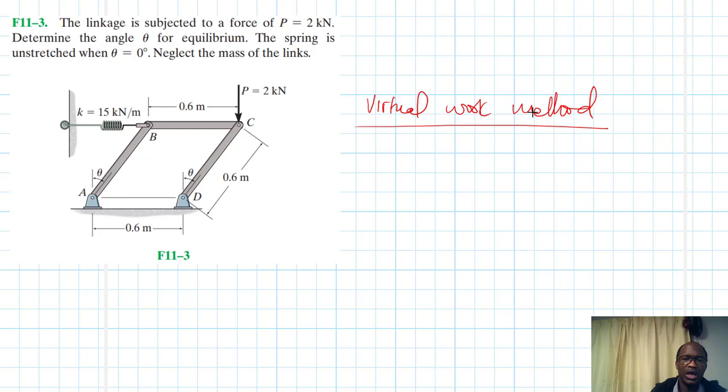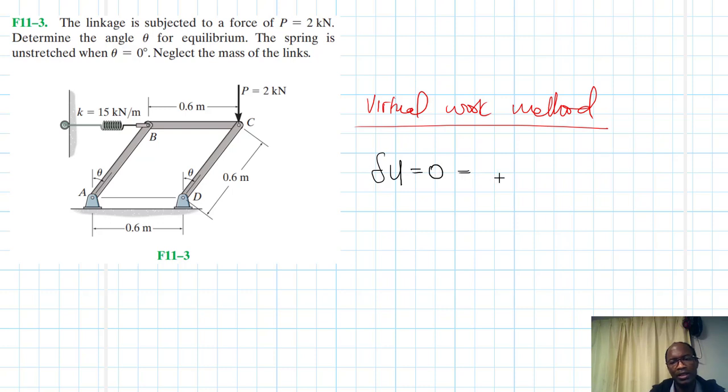So what is the virtual work method? The virtual work method states that the total virtual work in a system is equal to 0. Del U is equal to 0.